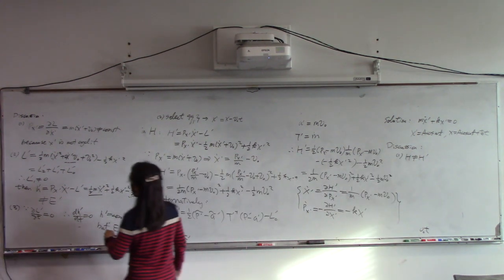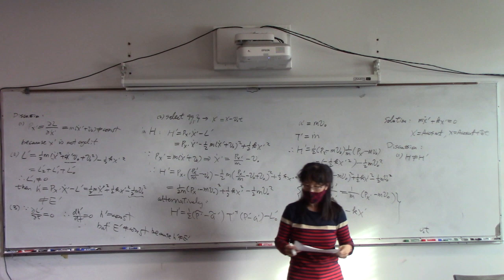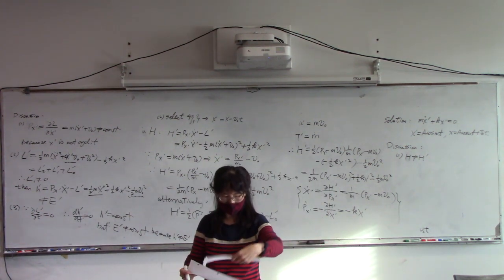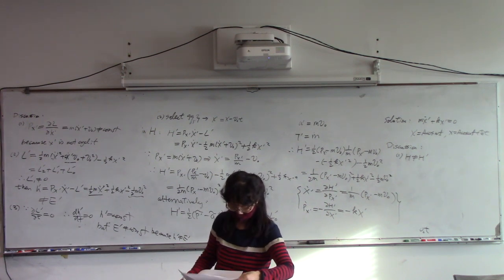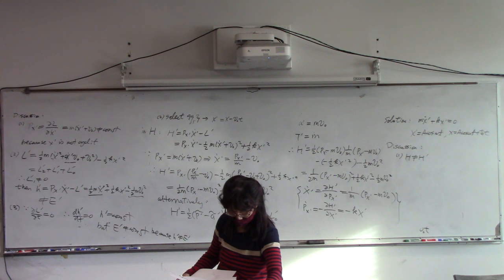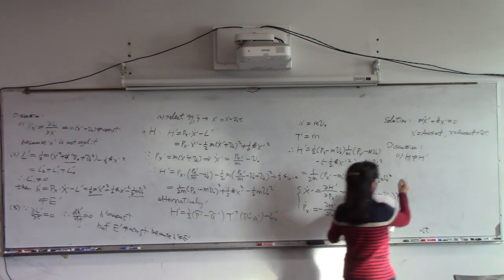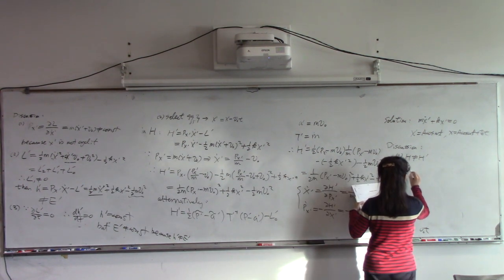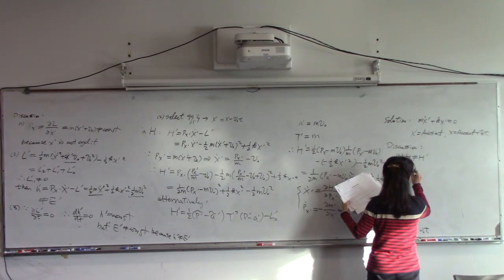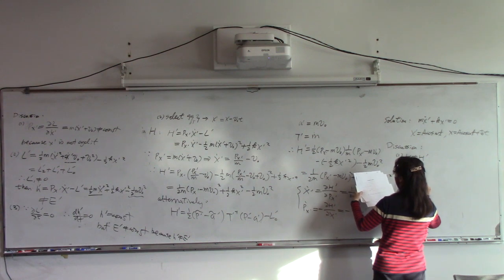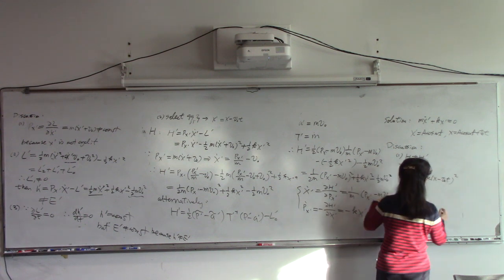You can see here this is h prime, and the h, if you remember, h is px squared over 2m plus half of k (x minus a naught t) squared.